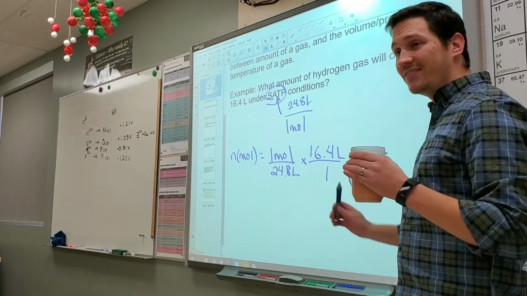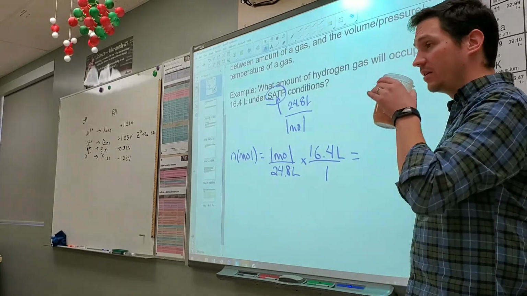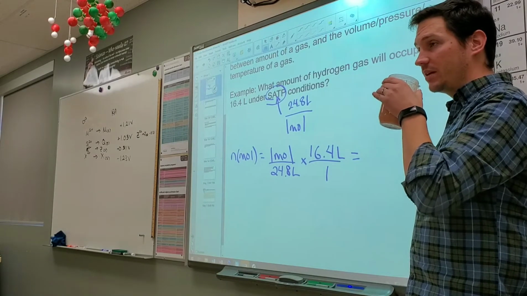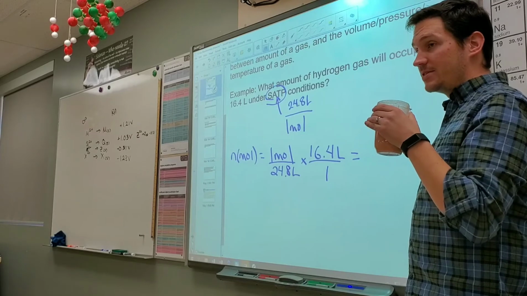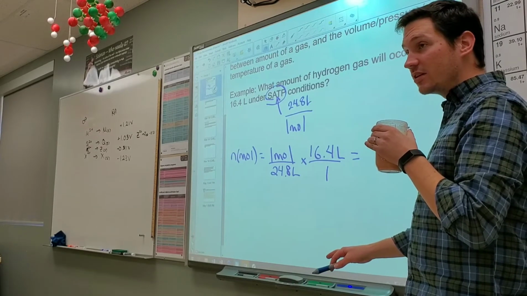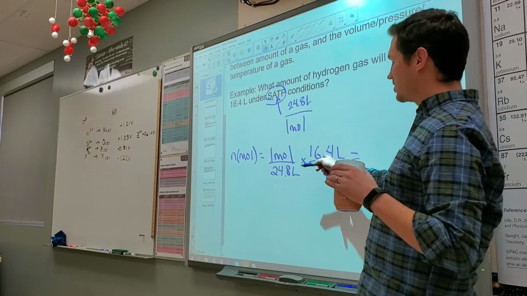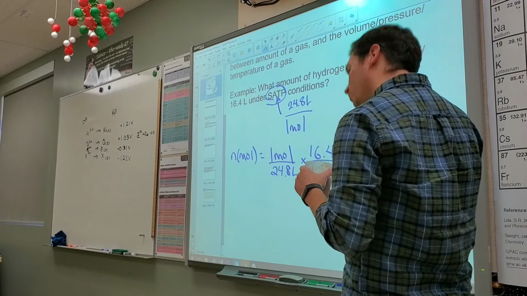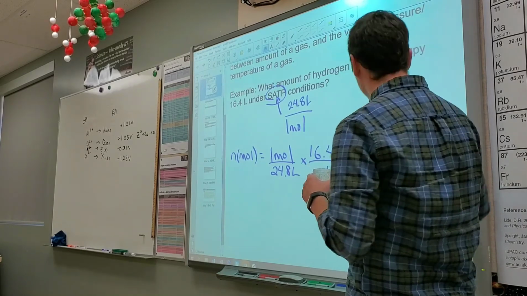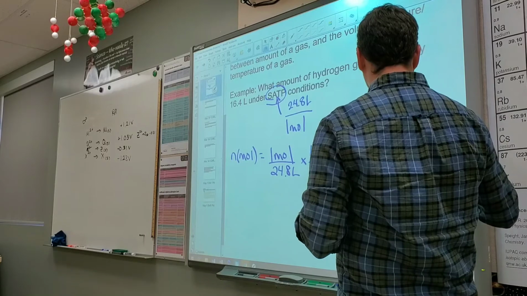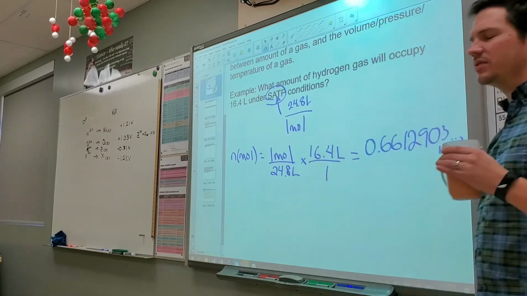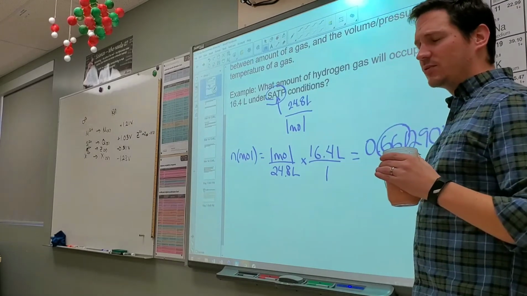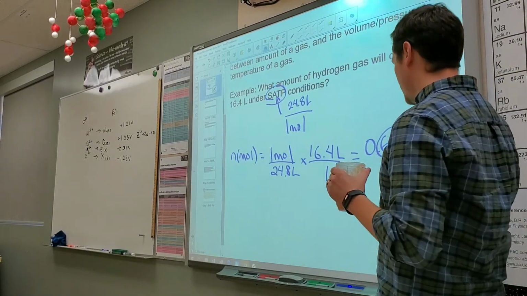About 67% of a mole, something like that. 0.661 moles. How many significant digits do you want? 3. Is the 661 going to stay as the 661? Yes, good.